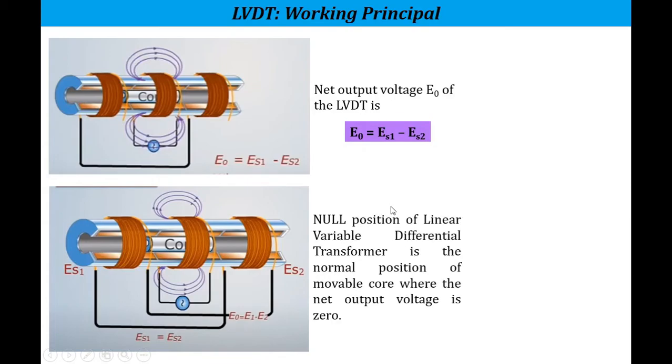Here you will observe that this is the null position. What is the meaning of null position? The core is placed exactly at the center. Therefore, the EMF associated with the S1 side and the EMF associated with the S2 side will be the same, and so we write E0 equal to 0, because ES1 and ES2 are the same.